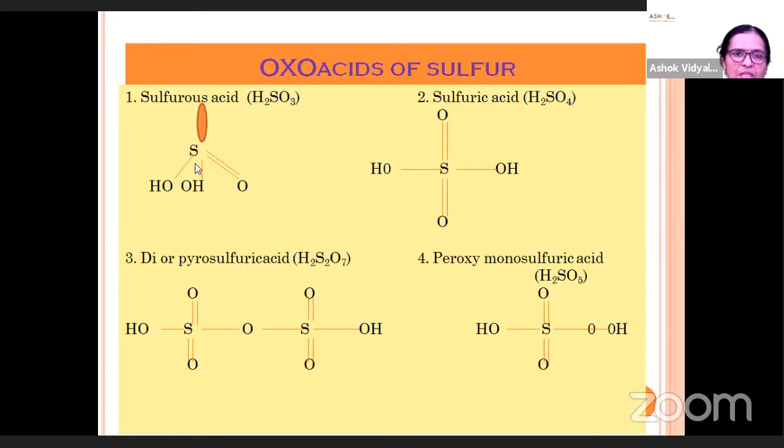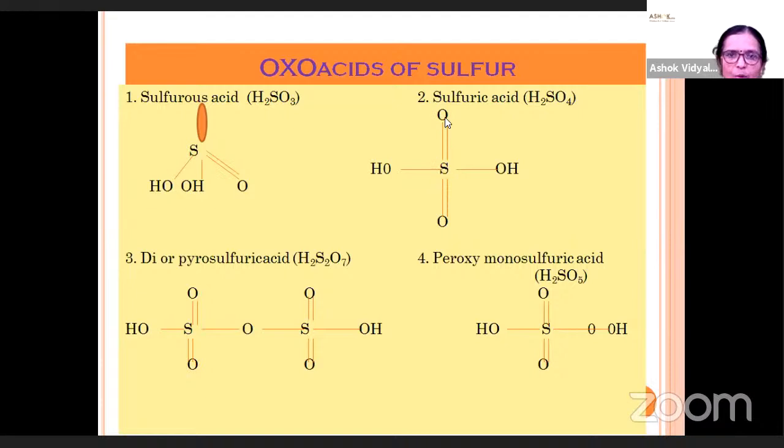H2SO3. This H2SO3 has a structure in this way. Sulfur is the central atom, and it has a sulfur-oxygen double bond, and it is connected with 2 OH bonds. Then the next oxo acid, H2SO4: the central atom sulfur is bonded with 2 oxygen atoms with double bonds.